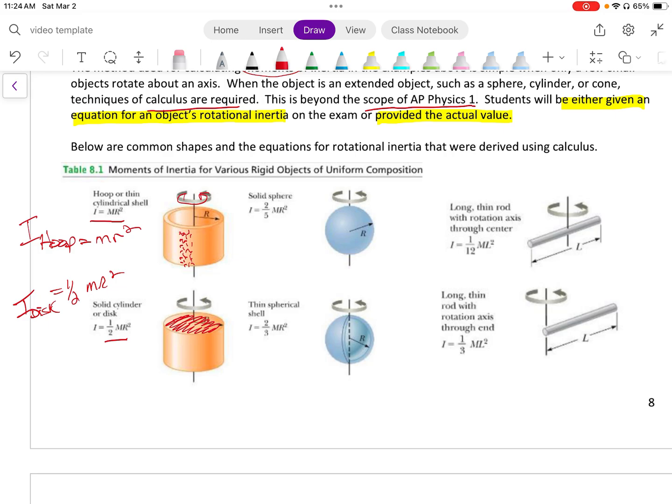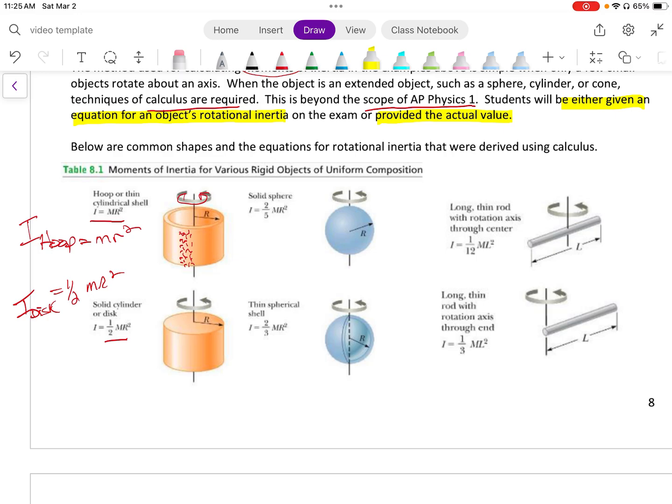In other words, it takes less torque to angularly accelerate the disk compared to the hoop. And why is that? Because there is more mass closer to the axis of rotation as compared to the hoop. And the closer to the axis of rotation the mass is located, the easier it is to accelerate or decelerate or change the rotational motion of that object.